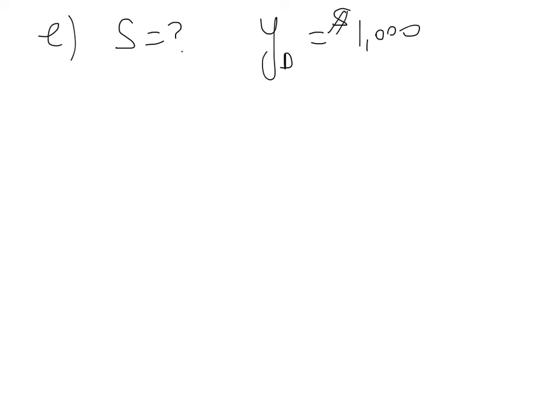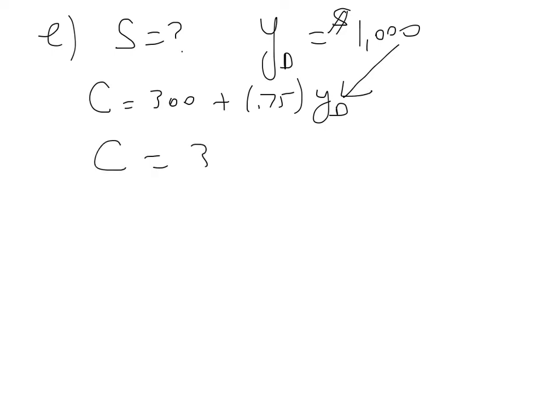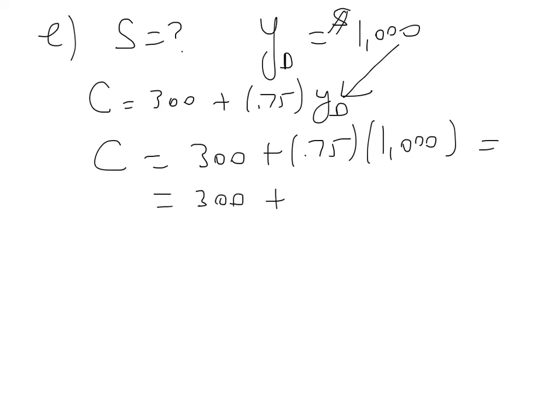Again, we go back to our consumption function, 300 plus 0.75 YD, and then we substitute for YD and see what we have for consumption. Consumption is 300 plus 0.75 times 1,000, equals 300 plus, I multiply that, which is going to be 750. So my consumption is going to be 1,050.